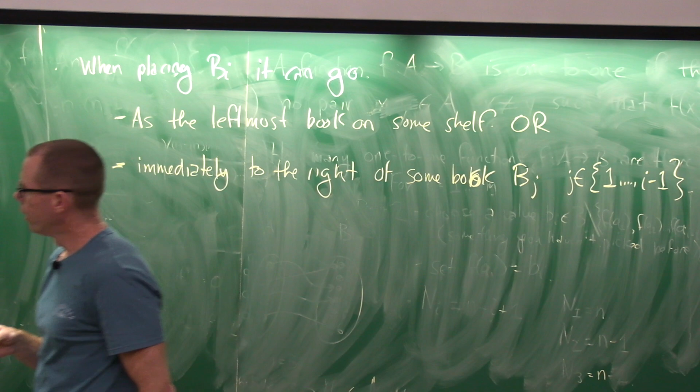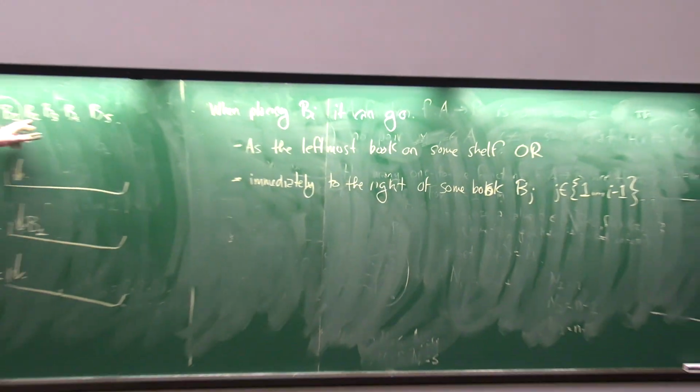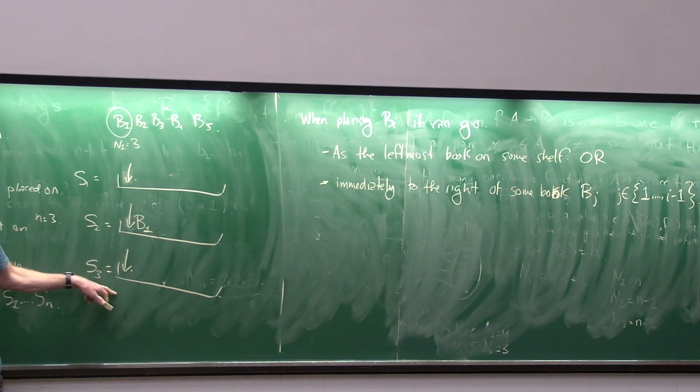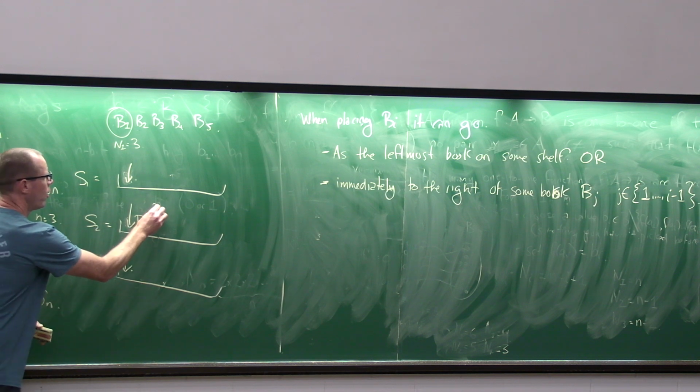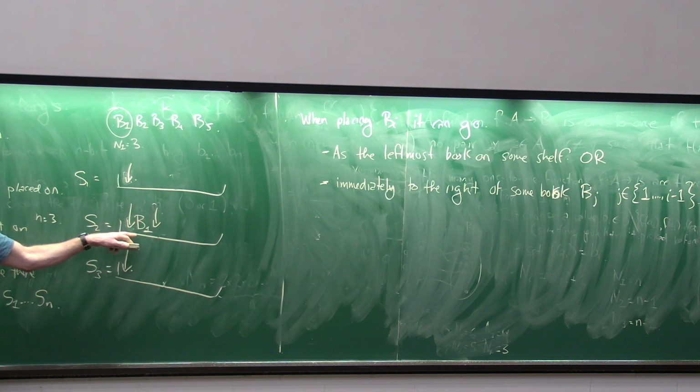Okay. So book 2, not only could it be the leftmost book on each of these 3 shelves, it could also go immediately to the right of B1. So that gives me 4 options now.